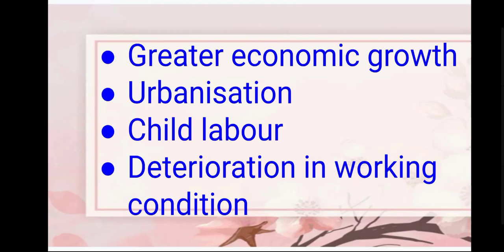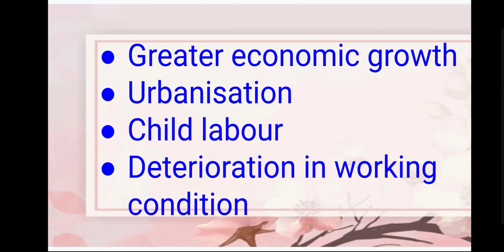The Industrial Revolution modernized the way goods were manufactured in Britain and thus led to greater economic growth. It also led to an increase in the number of cities as more and more people moved from rural areas to work in cities.